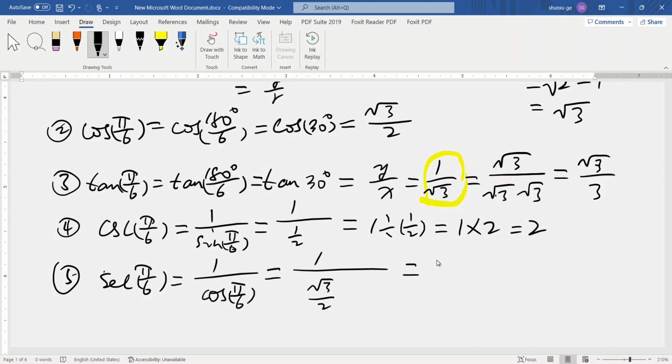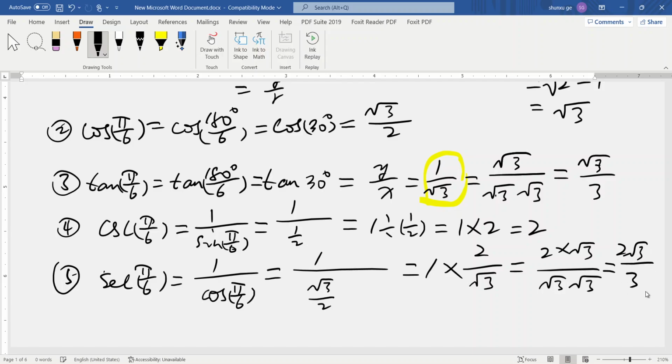So it's 1 times 2 over square root 3. So rationalize this denominator: 2 times square root 3 over square root 3 times square root 3. So 2 square root 3 over 3. Remember, this is the final answer. Don't leave the earlier part as the final answer.